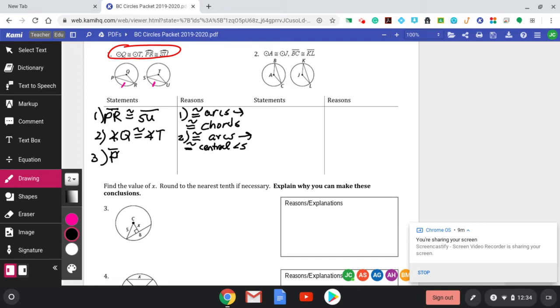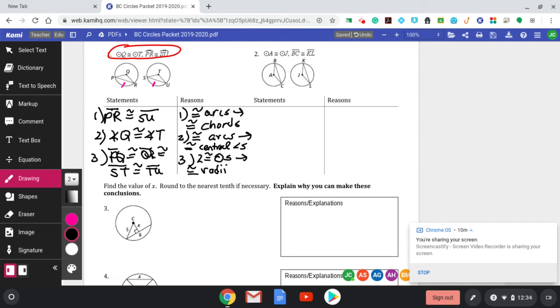You've got PQ congruent to QR, congruent to ST, which is congruent to TU. And my reason is: two congruent circles, you can use the circle symbol if you want, implies congruent radii. Okay, so there's where we can go there.